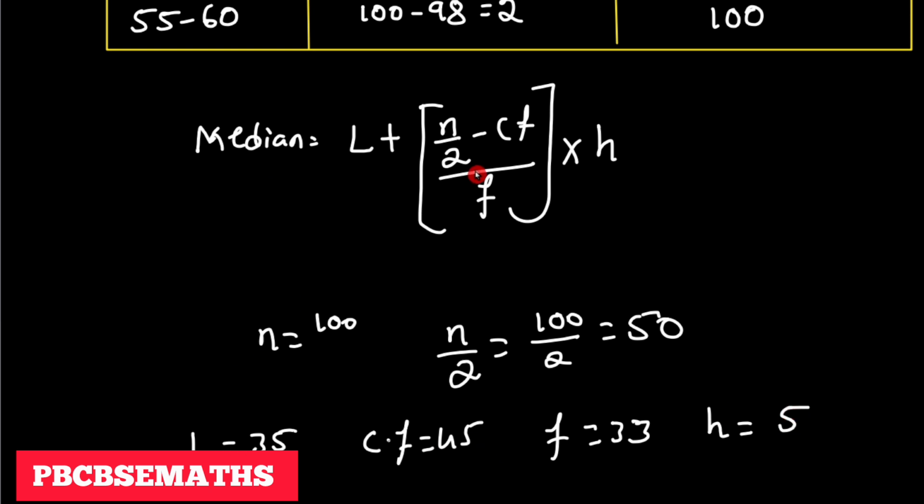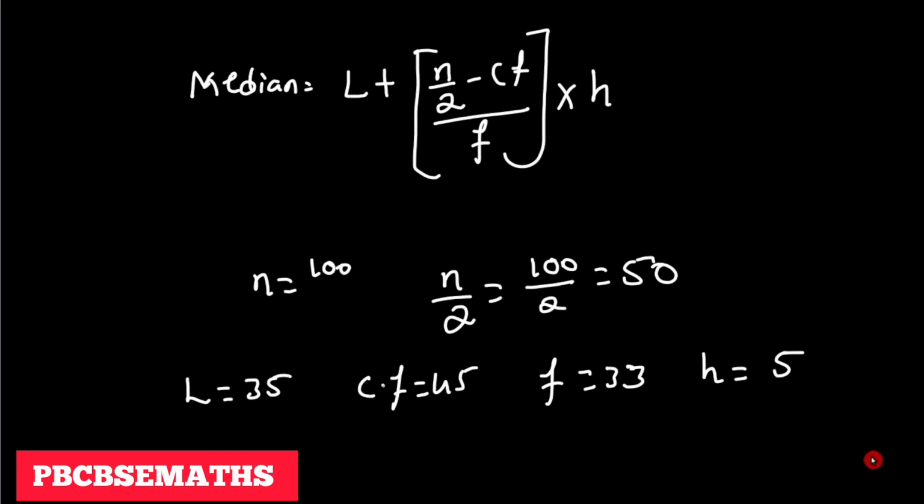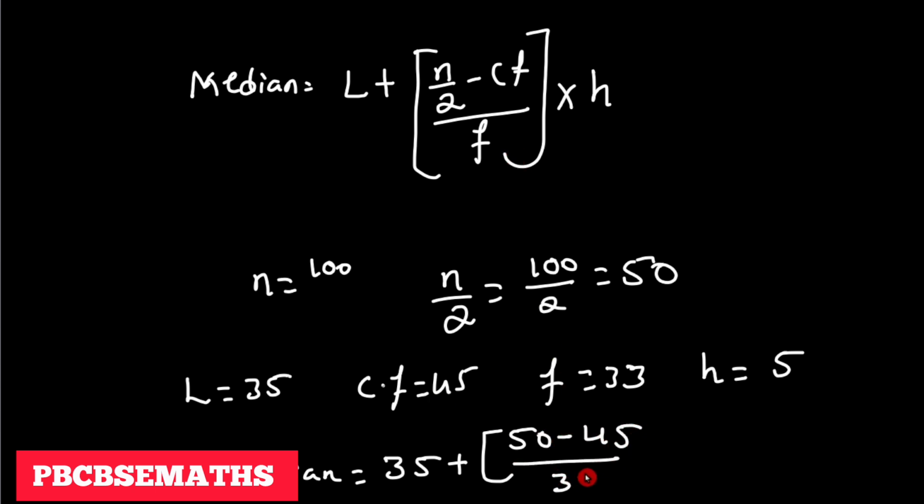Now we have got all the values. Let's substitute all these values in this given formula. Then we have median is equal to L, that is lower limit 35, plus n by 2, that is 50, minus cumulative frequency 45, divided by frequency 33, into that class width 5.